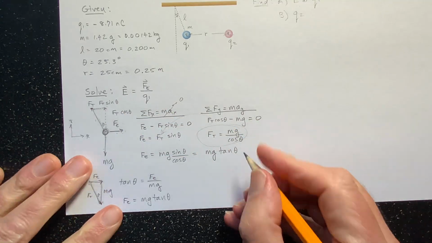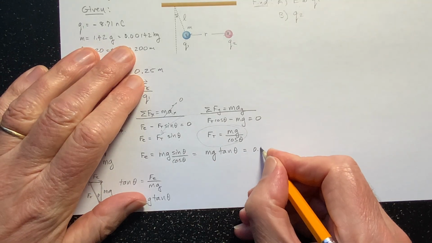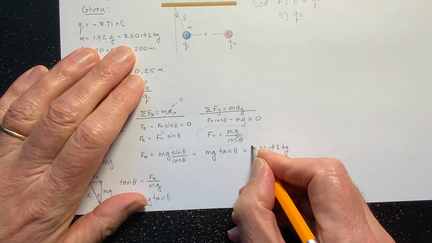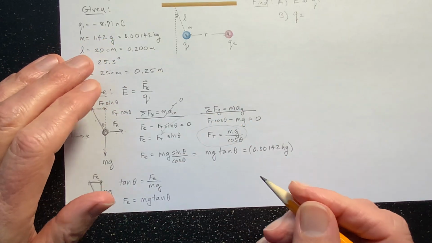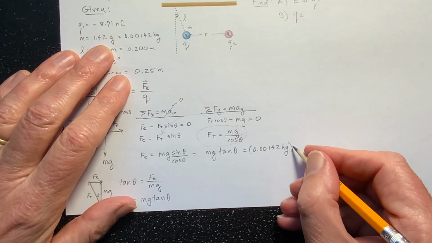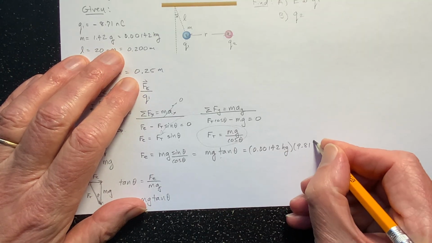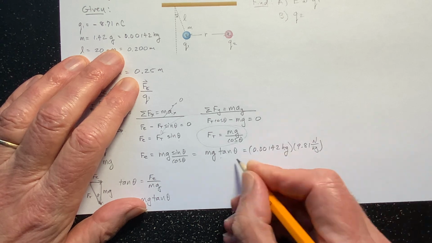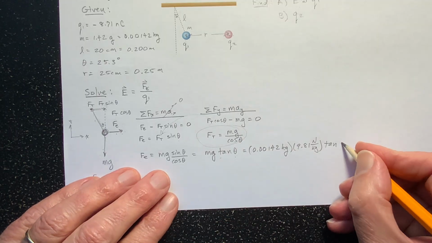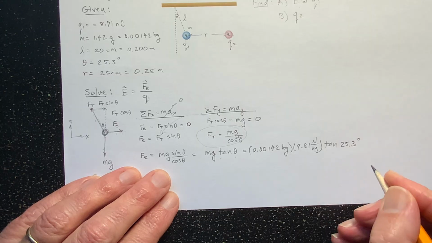All right. So let's plug in our values. The mass is 0.00142 kilograms. Or you could put 1.42 times 10 to the negative 3 kilograms if you want. And then times g times the tangent of what angle? 25.3 degrees.